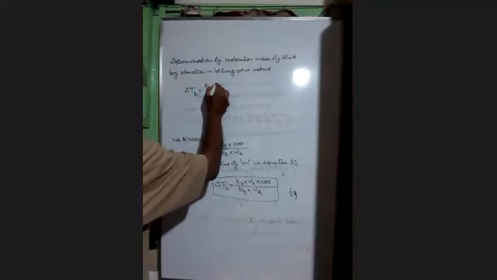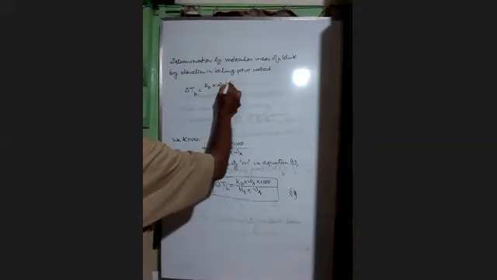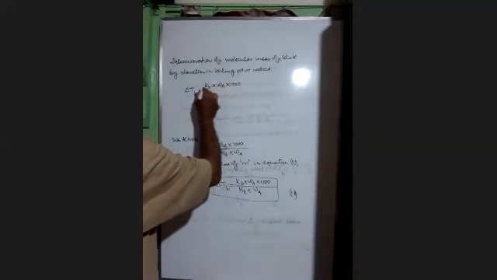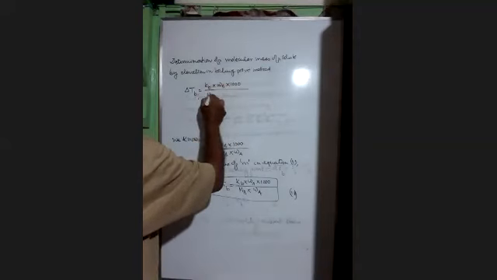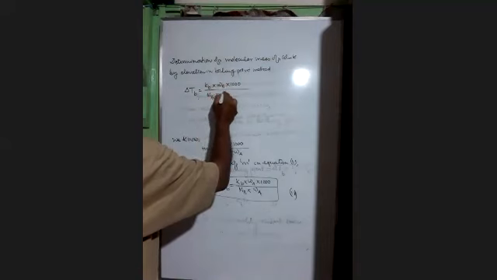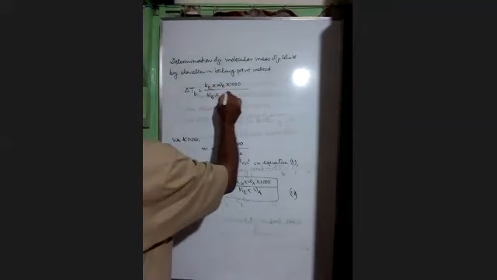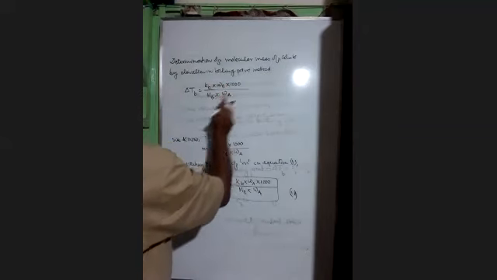So I'll write this one again. Delta TB is equal to KB into WB into 1,000 divided by MB into W. So now we'll go for cross multiplication.